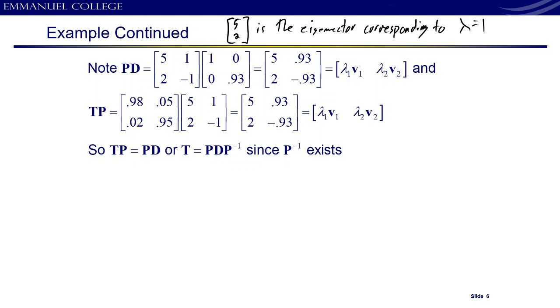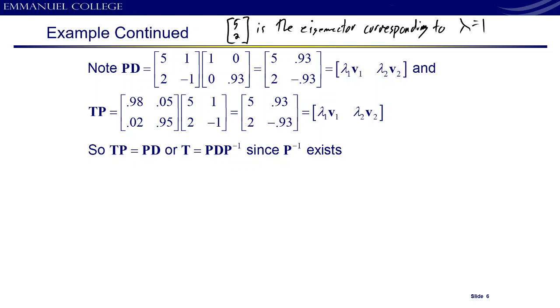Now, this is one of those little unstated rules of diagonalization, but because of the way it's defined, it's implied that P inverse exists.